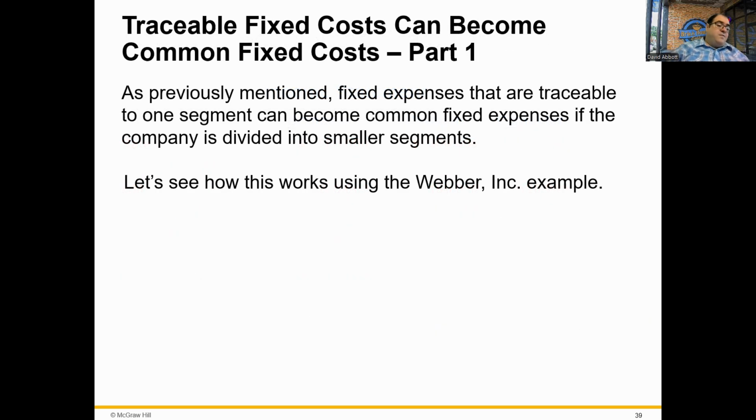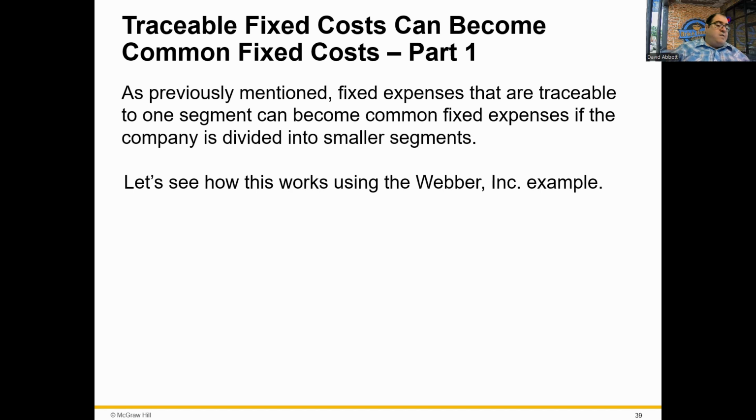Now, the television division's results can also be broken down into smaller segments.